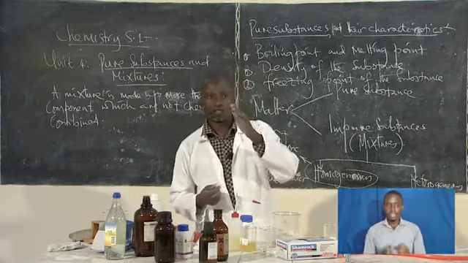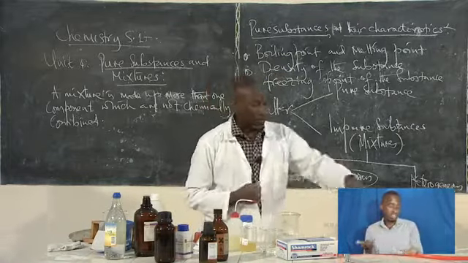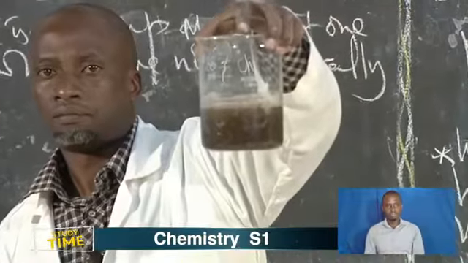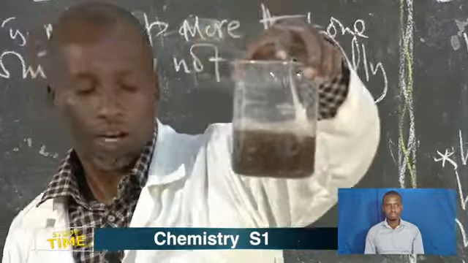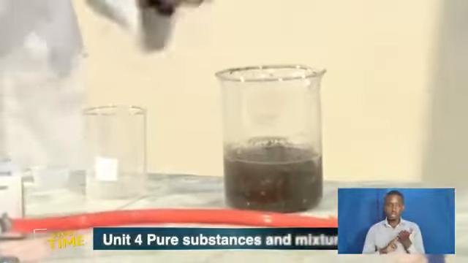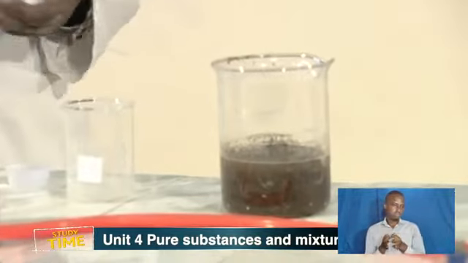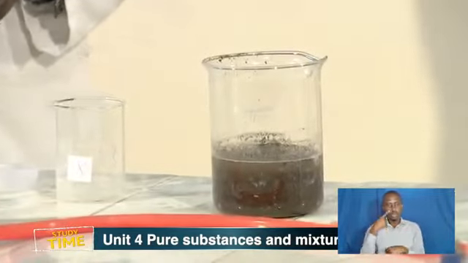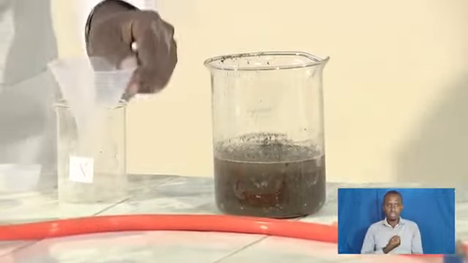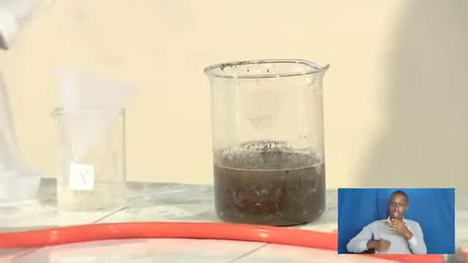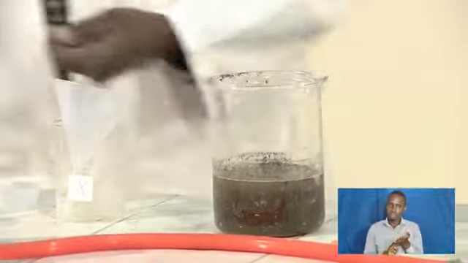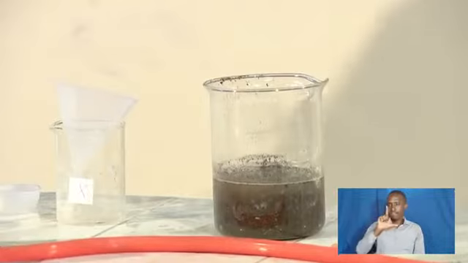Can you suggest the method that can be used to separate this? Well, we use a simple method, and we are going to look at that method. This is a filter funnel, and you can use a filter paper like this.